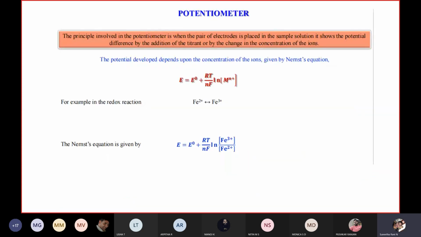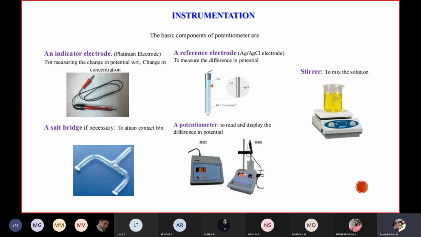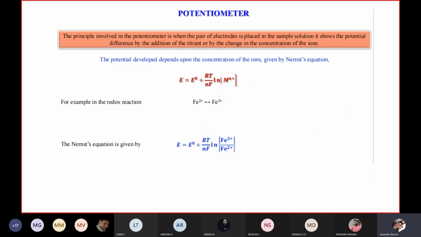Next is potentiometry, which we also discussed. Potentiometry depends on the Nernst equation. The Nernst equation is E equals E naught plus RT by nF ln of the molar concentration of Mn+, correct?